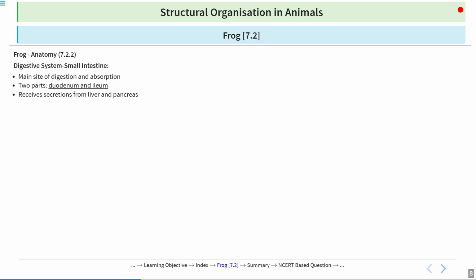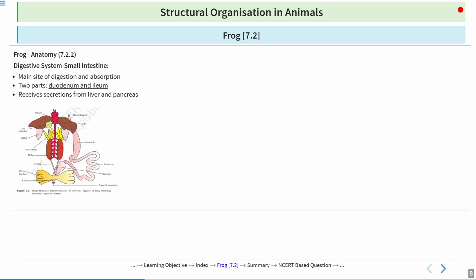This pancreas is both, because it secretes enzyme as well as hormone, and that is why it is called a mixed gland, right? That also opens to this point only, the small intestine. That is why it is written here: receives secretions from the liver and pancreas, right?